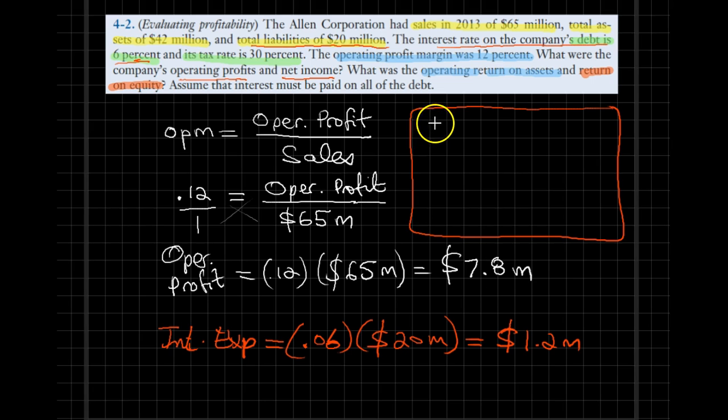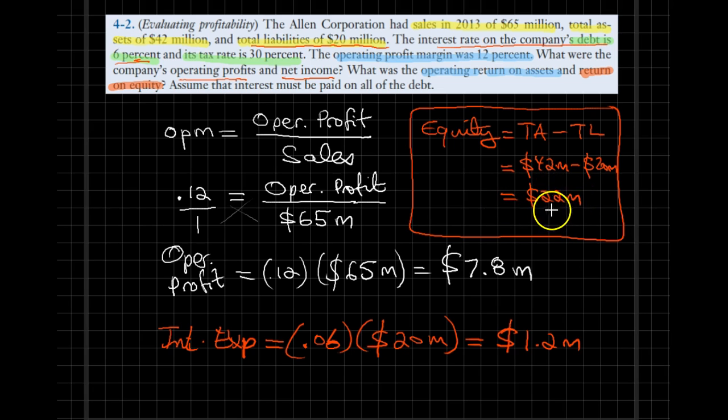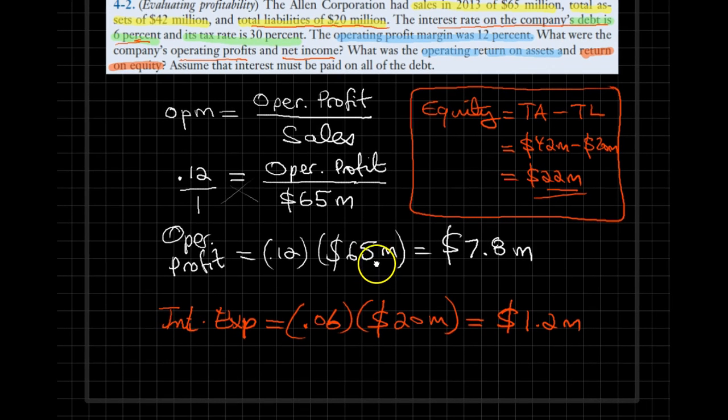If you recall, equity is a residual account. Equity would be equal to total assets minus total liabilities. In our case, total assets were $42 million, whereas total liabilities amounted to $20 million. So the difference would give you $22 million. That's the number that I would need to calculate my return on equity.